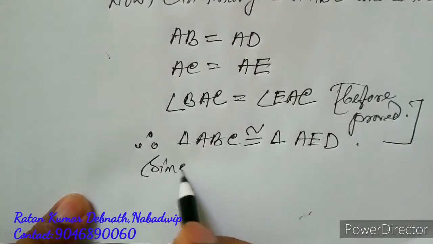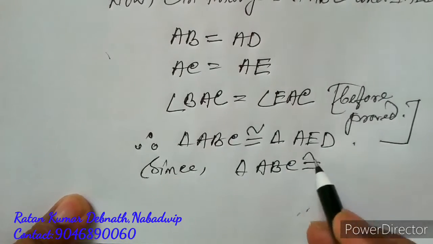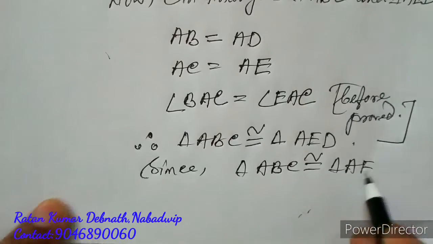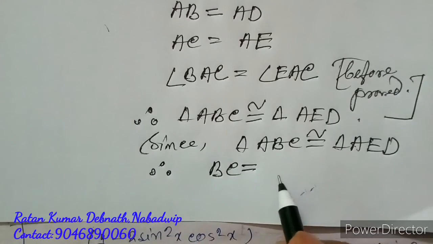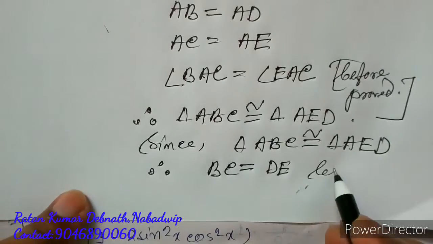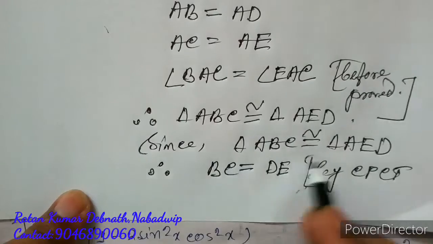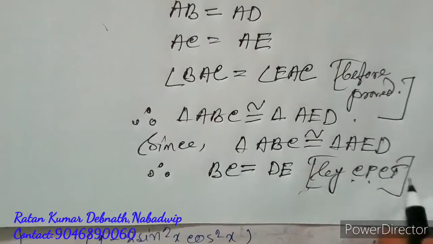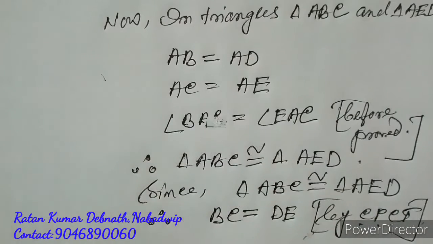Since triangle ABC congruent to triangle AED, therefore we can say BC equal to DE by CPCT, corresponding parts of congruent triangles. That's all about question number 6. No more today. I wish you all the best.